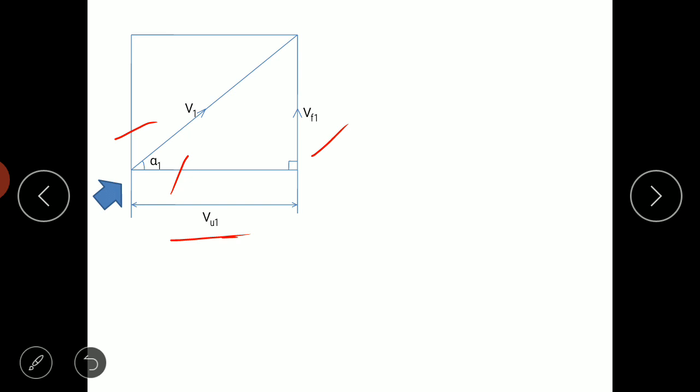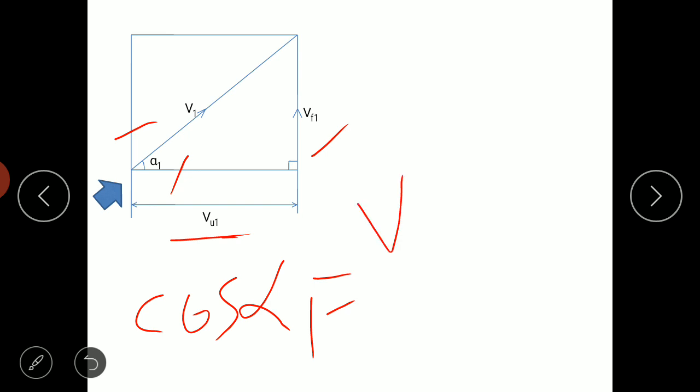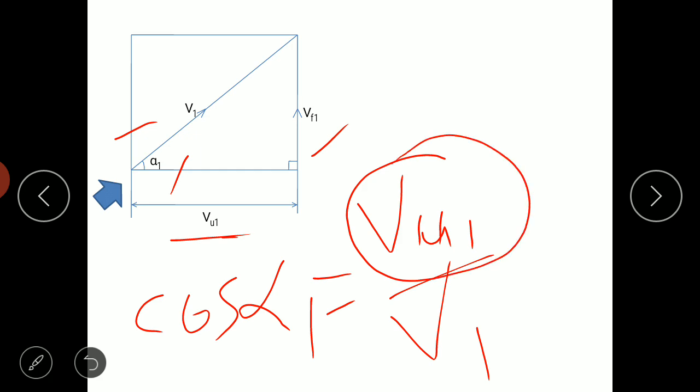So cos alpha 1 is base upon hypotenuse, Vu1 divided by V1. From this, Vu1 is V1 cos alpha 1.